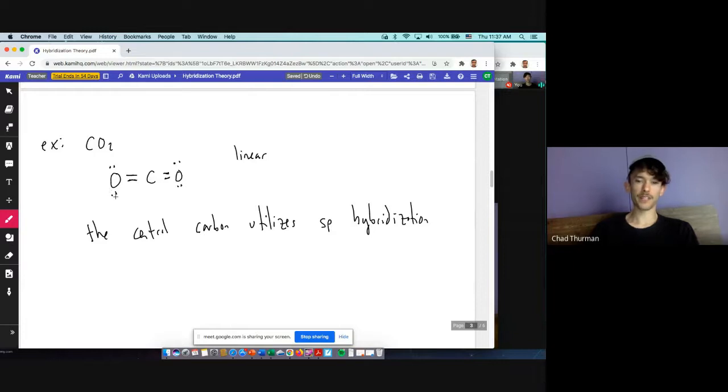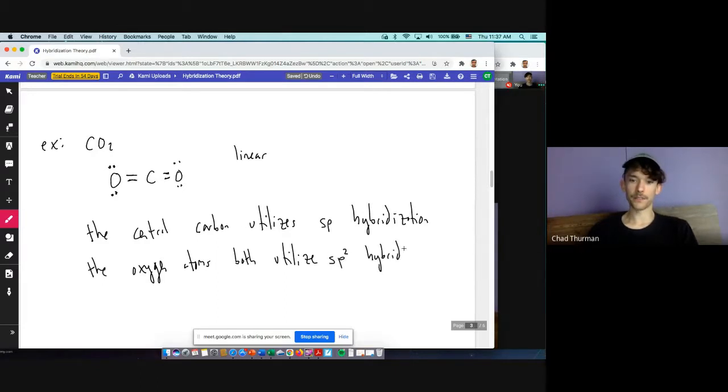What if I was worried about the oxygens? What kind of hybridization do they utilize? Well, they each have 3 electron domains, 1, 2, 3. And you guys know that's sp2 hybridization. Okay, that's quite simple.